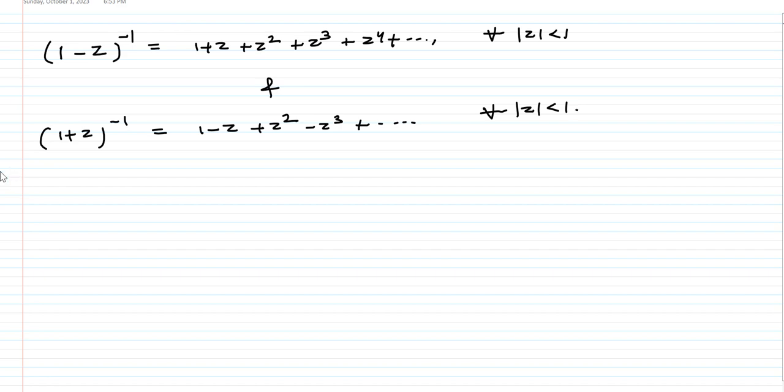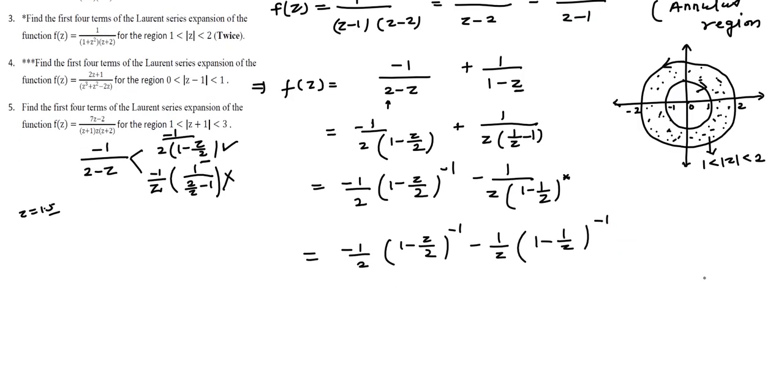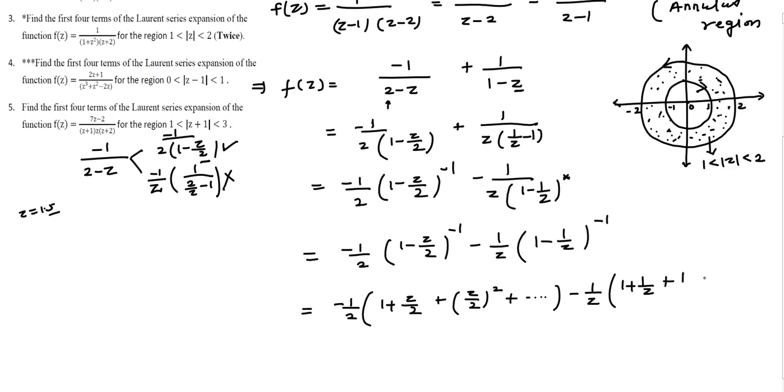By using this series expansion, we can expand both terms. So this is equal to -1/2 (1 + z/2 + (z/2)^2 + ...). Then we get -1/z (1 + 1/z + 1/z^2 + 1/z^3 + ...).